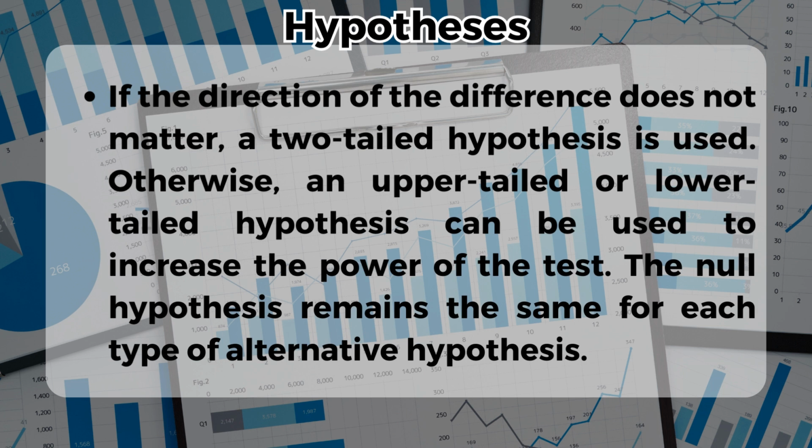Upper-tailed or lower-tailed hypotheses can be used to increase the power of the test. The null hypothesis remains the same for each type of alternative hypothesis.